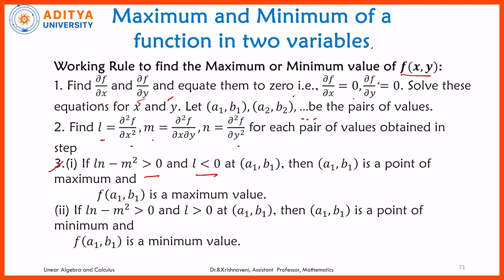Then we say that the point (a1, b1) is the point at which the function has a maximum, and f(a1, b1) gives the maximum value. Now if LN minus M squared is greater than 0 and L is greater than 0 at the point (a1, b1), then we call (a1, b1) the point at which the function has a minimum value, and f(a1, b1) gives the minimum value of the function.